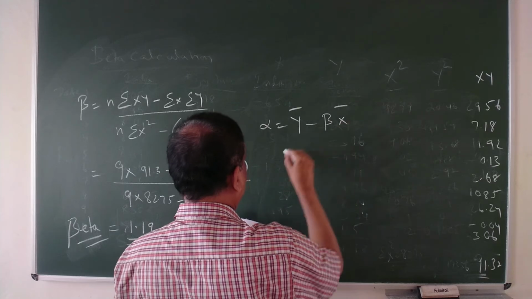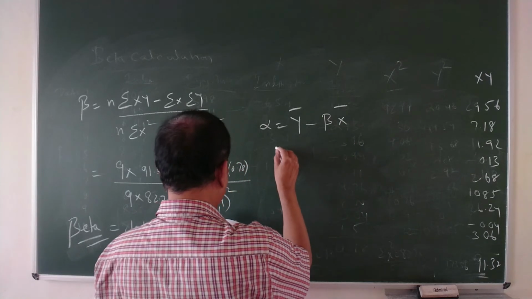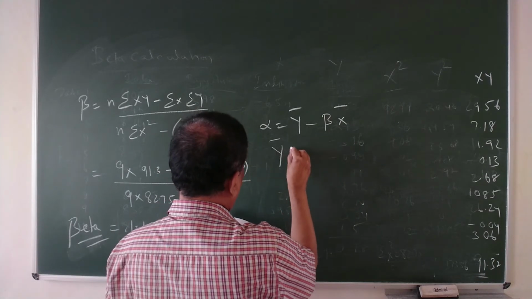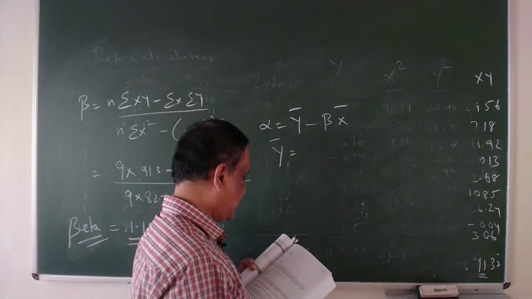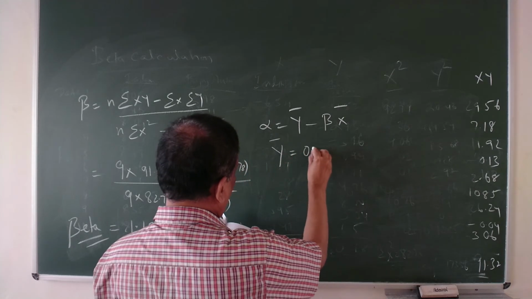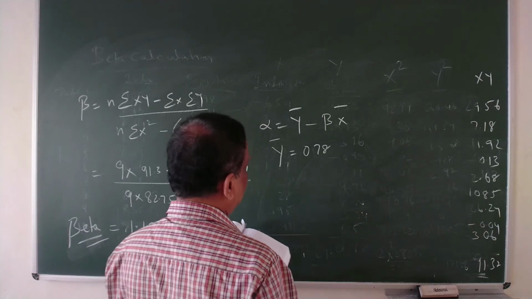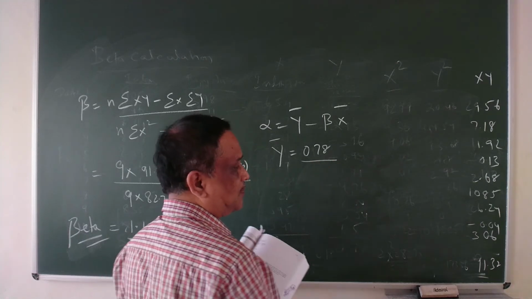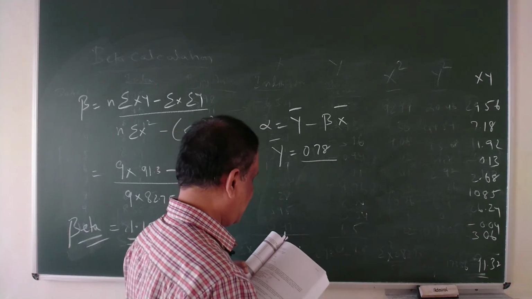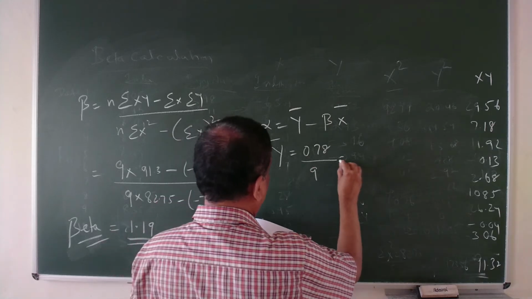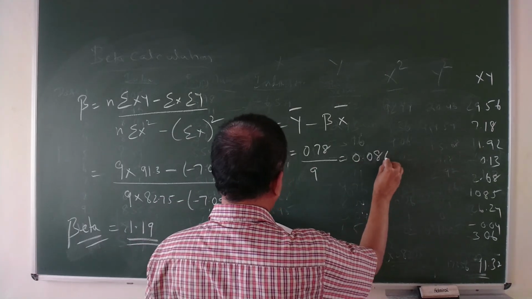Y bar is the average of y. Sigma y is 0.78 divided by 9, you will get 0.086.